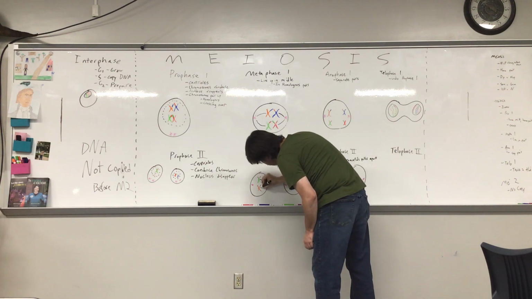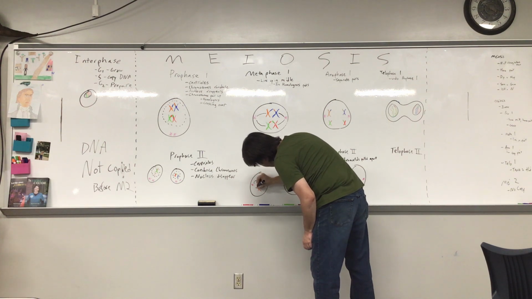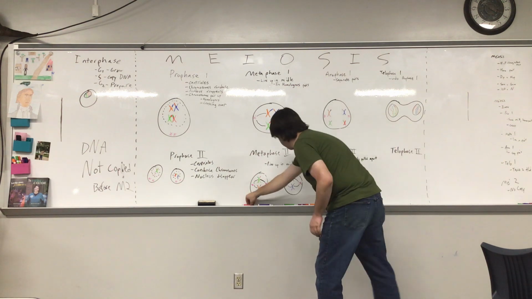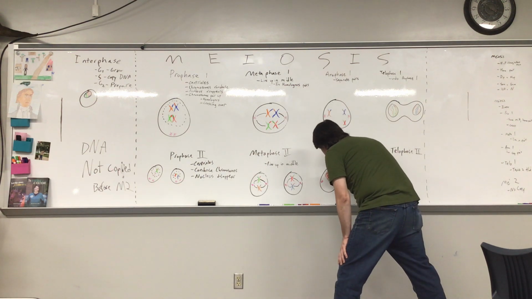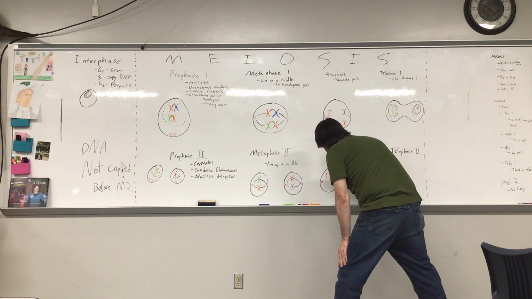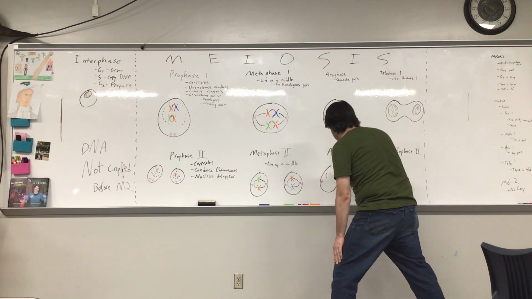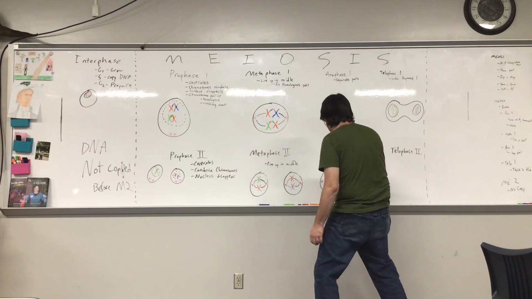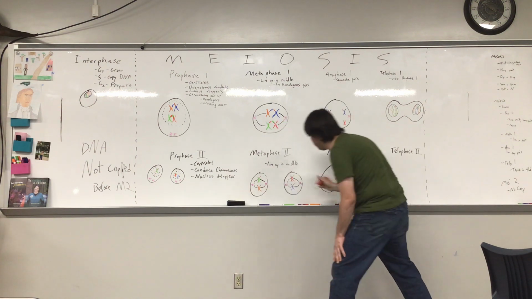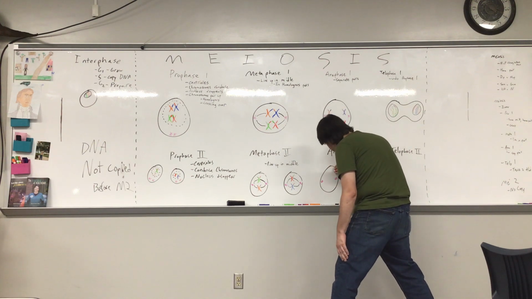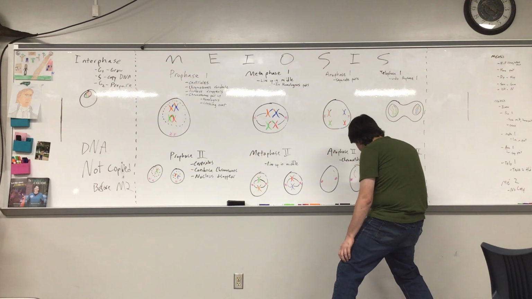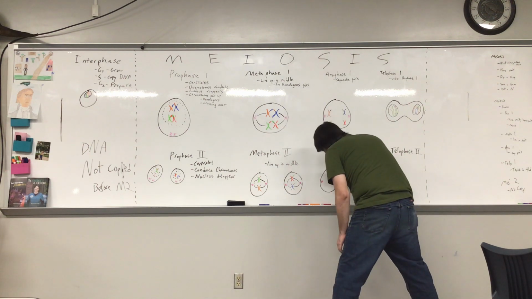You would have those spindle fibers leading from the chromatids to there. Then we pull those apart. Whoops, I have drawn that wrong. I mean, it doesn't really matter, but keep left cell, right cell, right cell. We'll go ahead and keep it exactly the same.